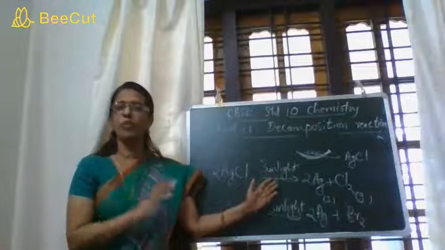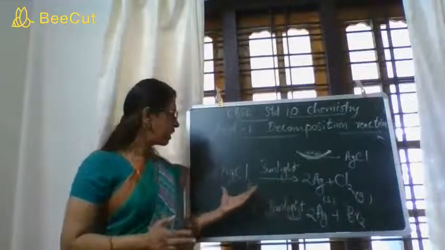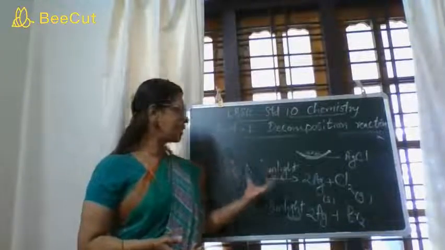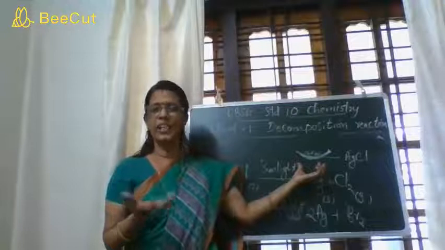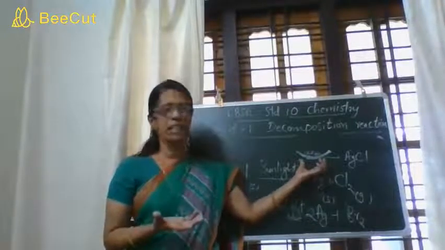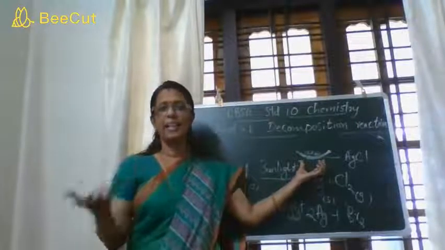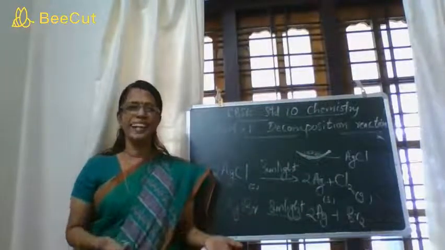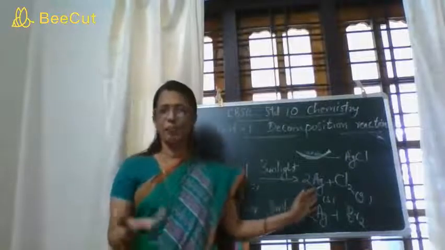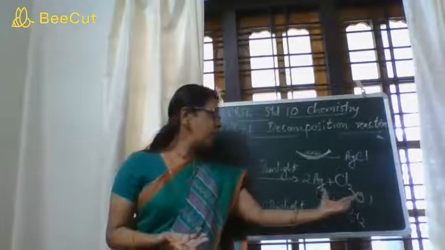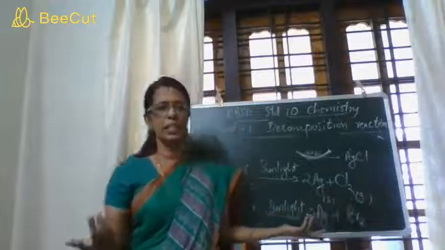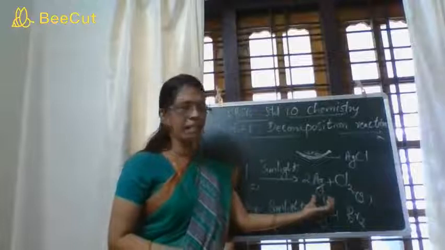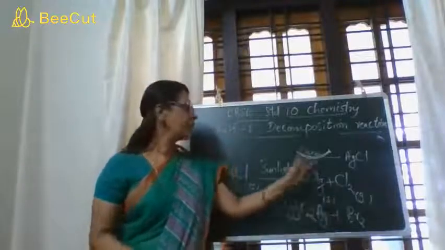Light means photochemical reaction. Here silver chloride, a white solid, white precipitate, when taken in a china dish or watch glass and kept in direct sunlight or near the window side, after 1 or 2 hours you can see that it has changed into a black substance, and chlorine is also evolved from that. It is a gas, it will escape, and black silver will remain in the watch glass.